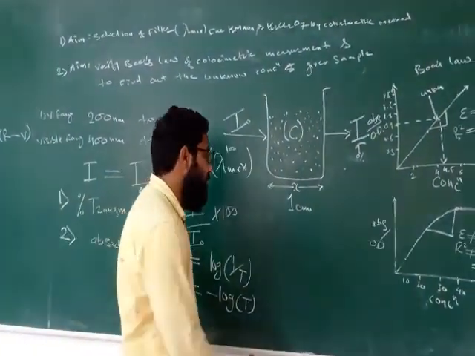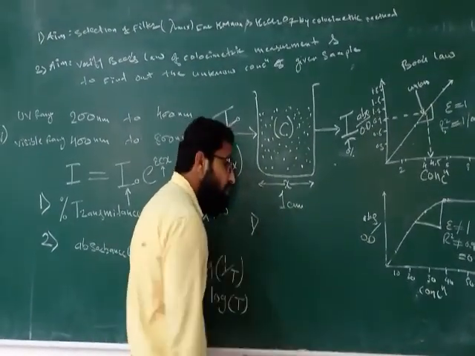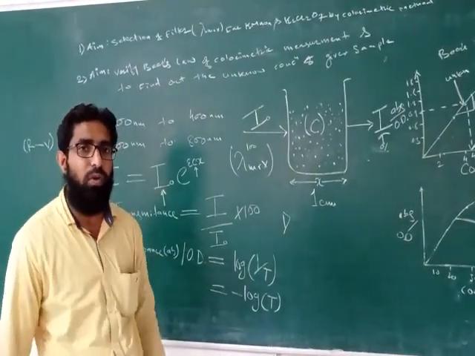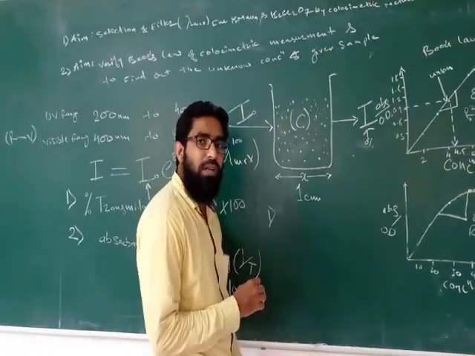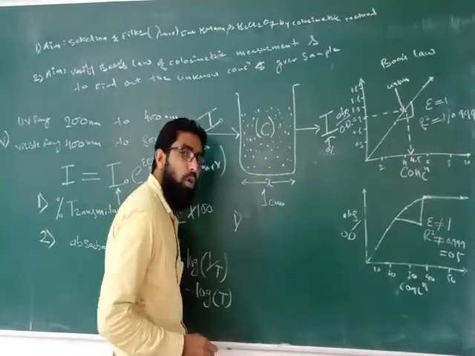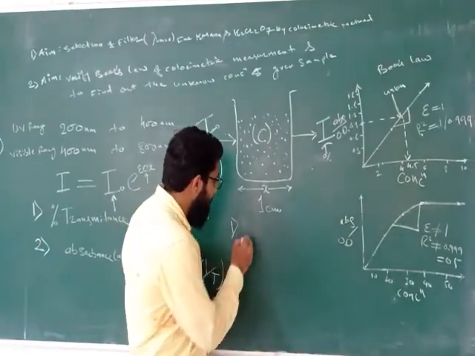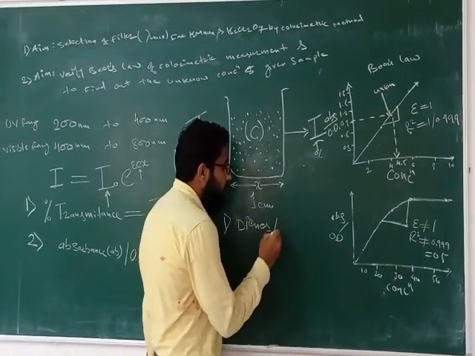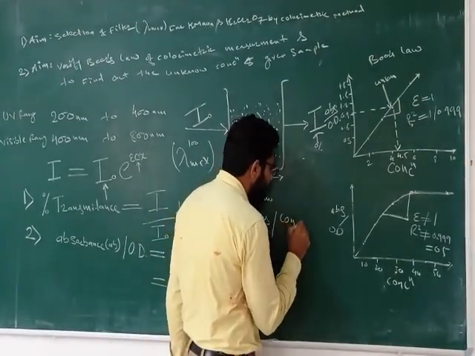We have also discussed earlier that by using a UV spectrophotometer we can identify conjugated carbon atoms. The application is identification of conjugated carbon atoms or dienes, or conjugation.